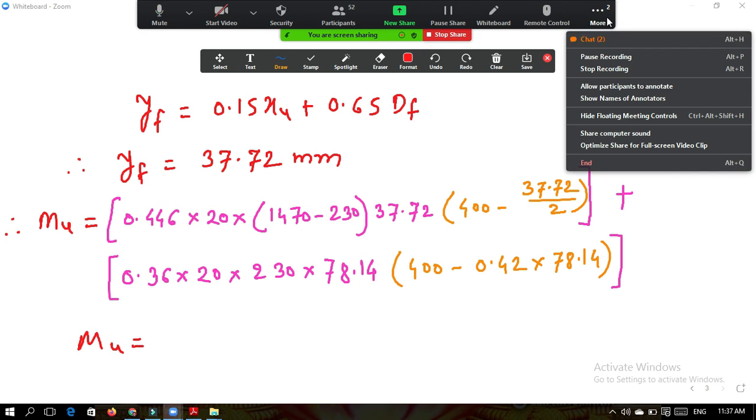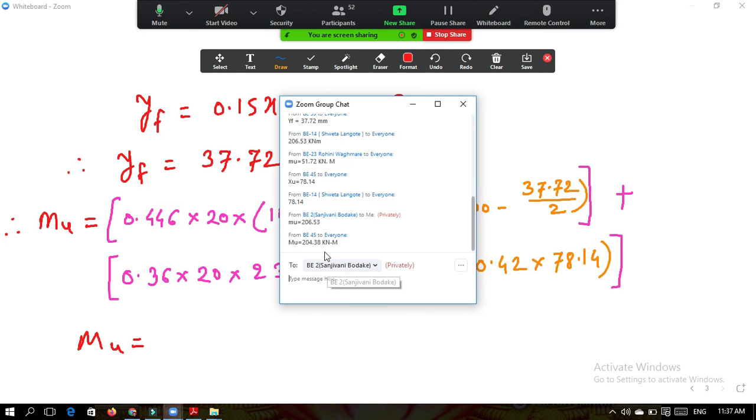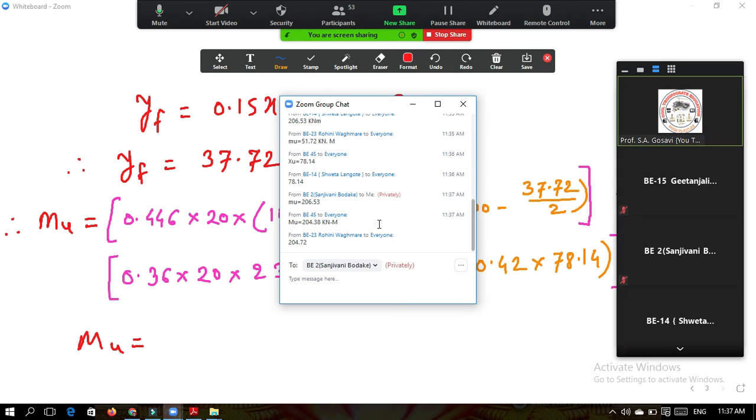I will see the chat box. So Mu is 204.72. Okay, 204 point something, 206. These answers are right. Some variation of 2, 3, 4 kilonewton will be there. That is because of how you give the input to the calculator. If you separately multiply each term and then add the two final terms, you will get a somewhat different answer.